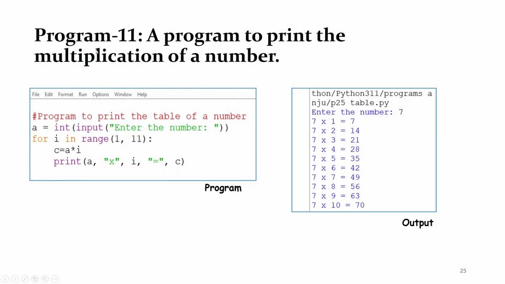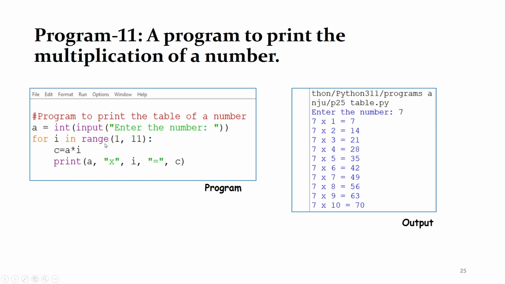Now a program to print the multiplication table of a number using for loop. Again using the range one. So I am accepting the number, the multiplication table of which I want, in A, and I am converting that number into integer.